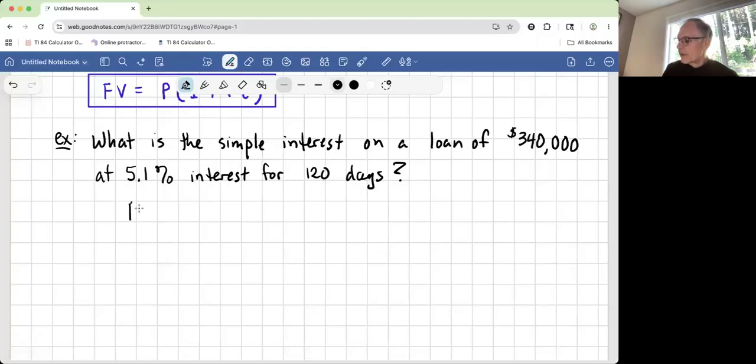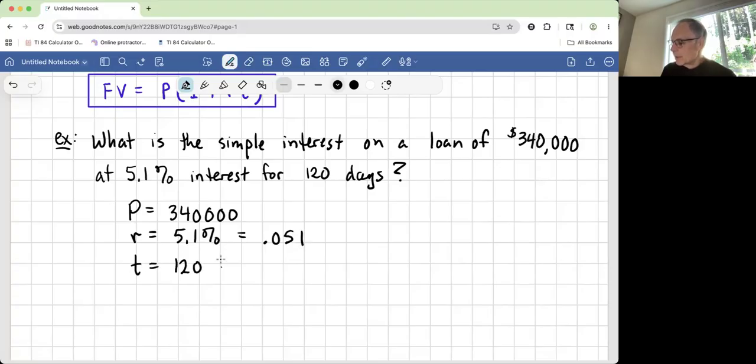So we have our present value is $340,000. And then our interest rate is 5.1%, so we are going to make that 0.051. And then our time is 120 days. The important thing about time in this formula is it has to be in years.